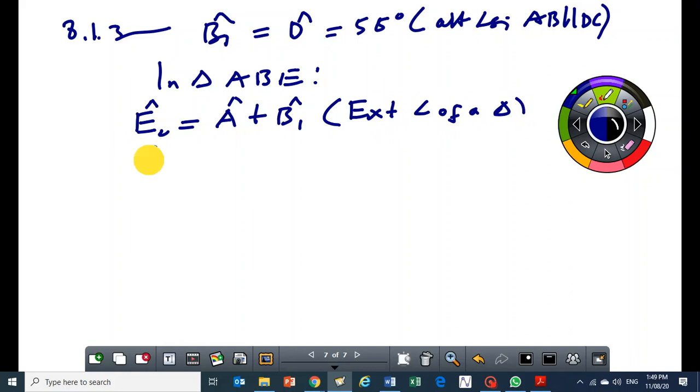So E2 is going to be equal to 55 degrees plus 55 degrees. This is equal to 110 degrees. Please make that correction. Right. So we have corrected.